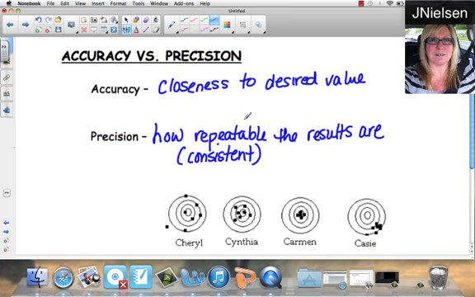So in her case, she was accurate and precise. Let's move to Cassie next over here. Cassie didn't hit the bullseye at all. So she was not accurate. But her results are pretty much clustered in the same area with the exception of this shot right here. So we could say that Cassie was precise but not accurate.